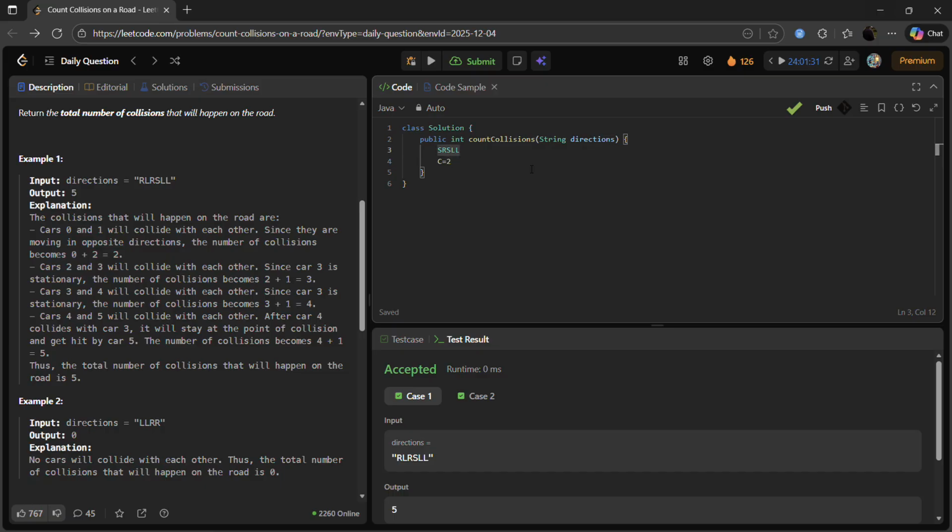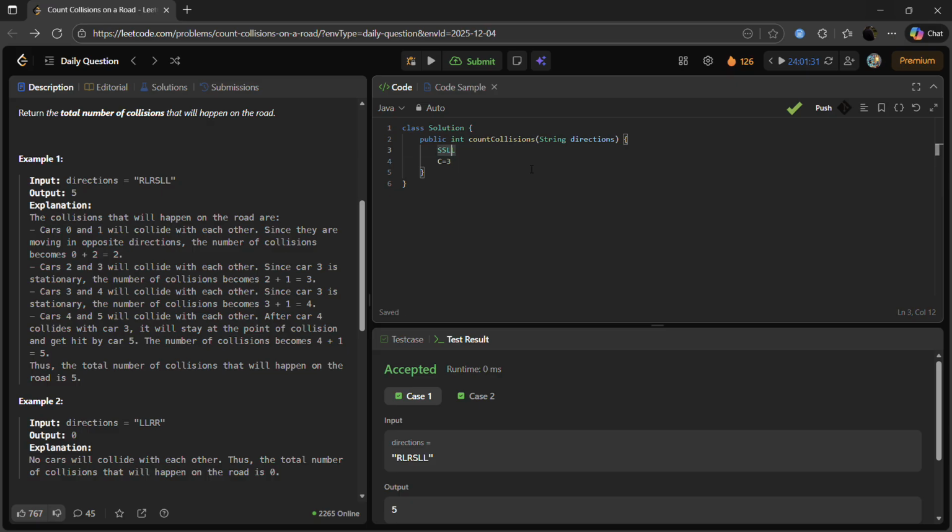After this, the car is moving towards the right, and there is a stationary point, so only one car is in motion. This R and this S will collide, and this will become S, and the number of collisions increases by 1 and becomes 3, because only R is in motion, S is not in motion.